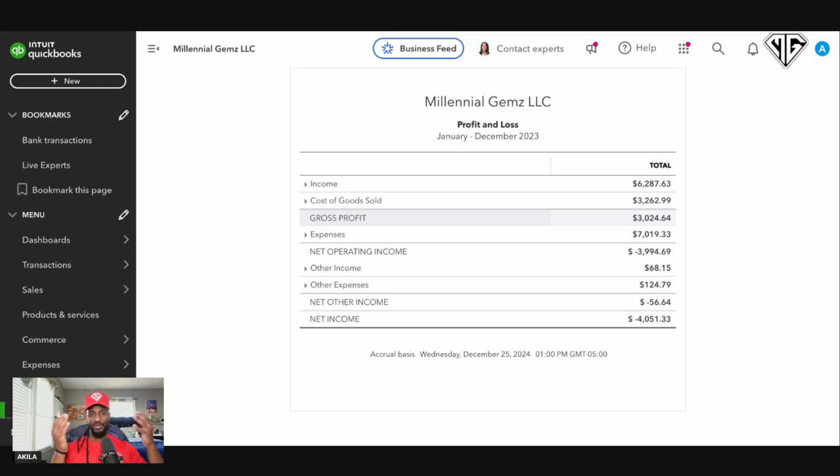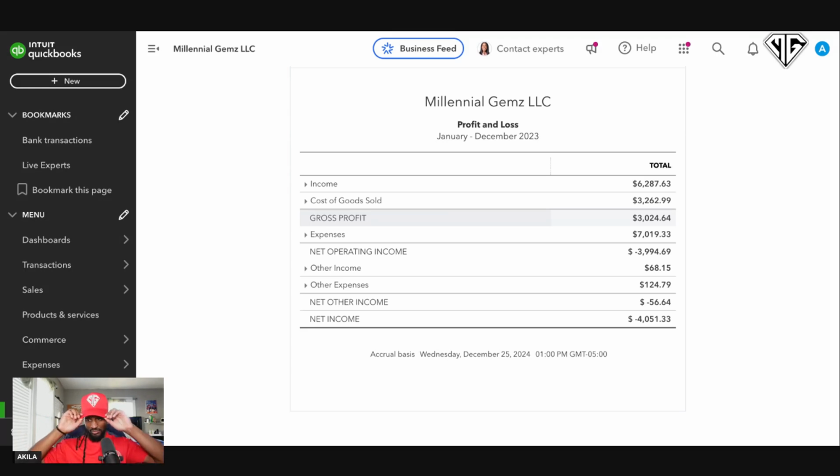So revenue minus COGS is your gross profit. It's not your take home profit just yet. It's just to gauge how much we have left from total sales after what it costs us to make all this product.